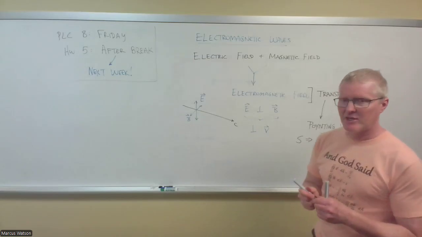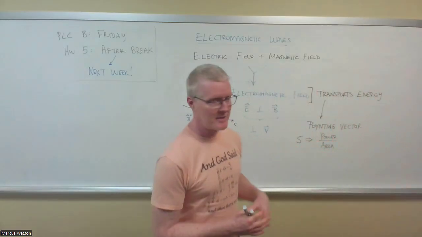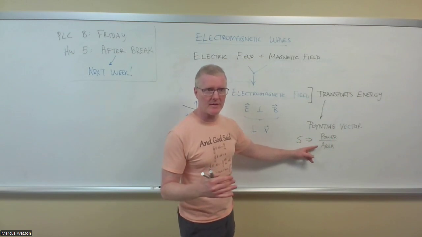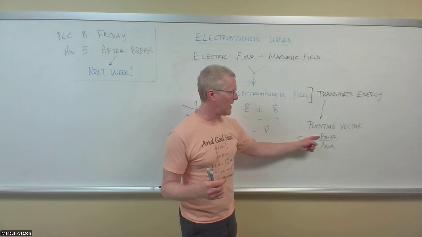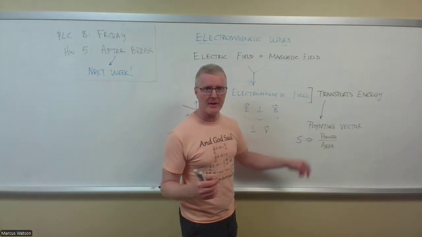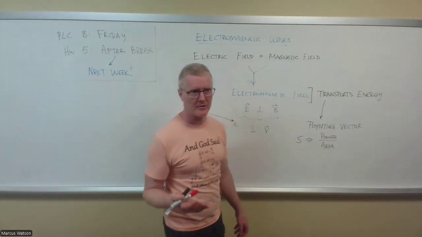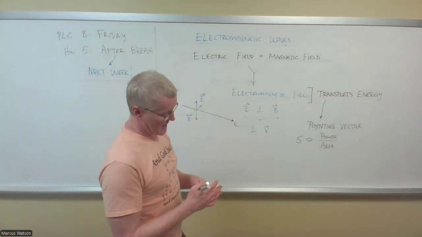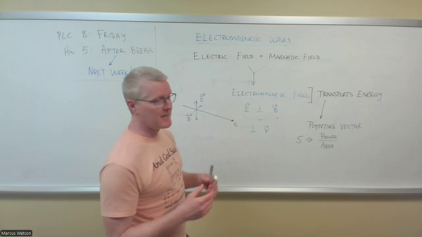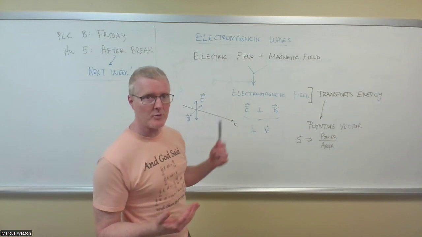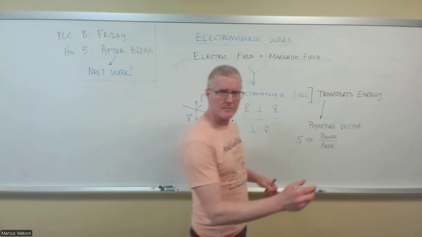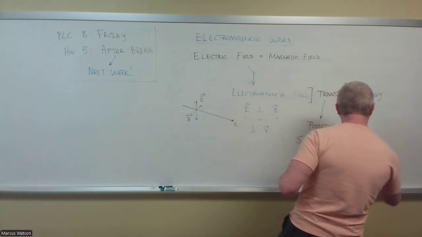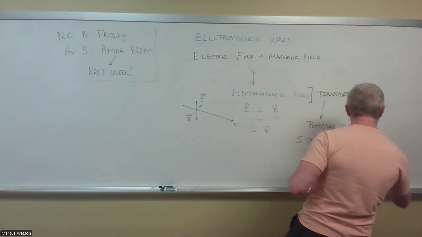This is essentially like a radiant flux. Okay? The flux is typically something per area, and if you do a per time in there, it's a power flux. Right? So this is an energy flux per time. It's given as the cross product of E with B. So you can write this as epsilon naught c squared times E cross B.